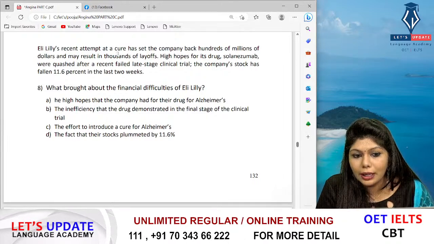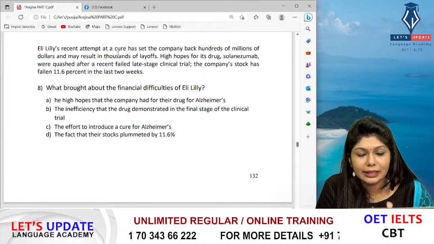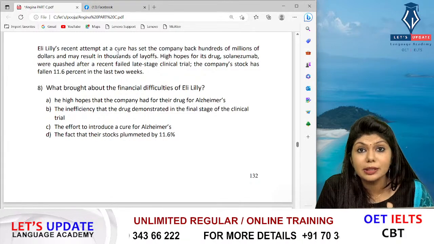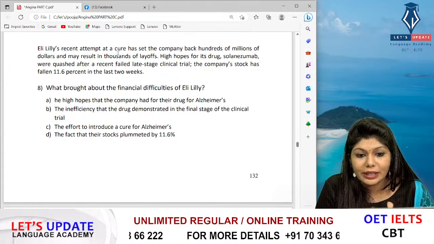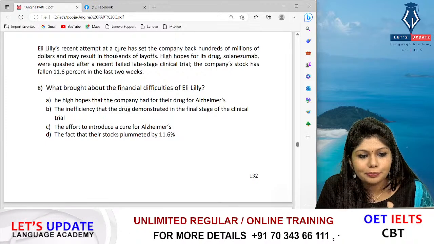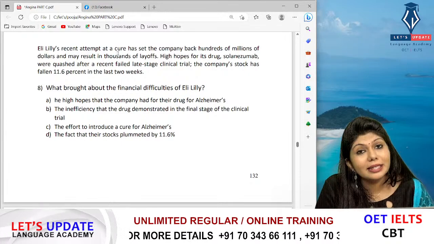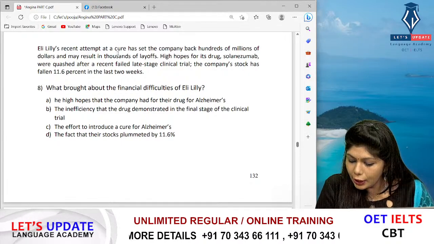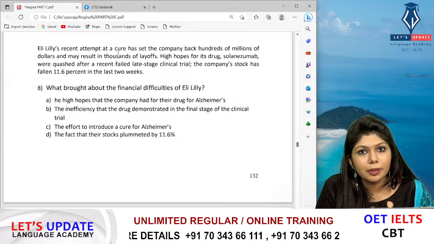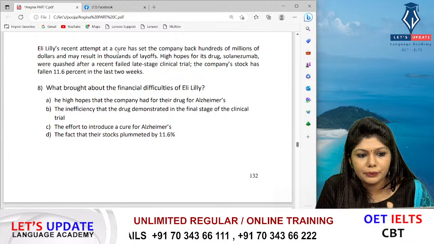So it has cost a lot of money, and also it may result in thousands of layoffs, in the sense dismissals. So that means a lot of people might have lost jobs. So that is what they intend to say.